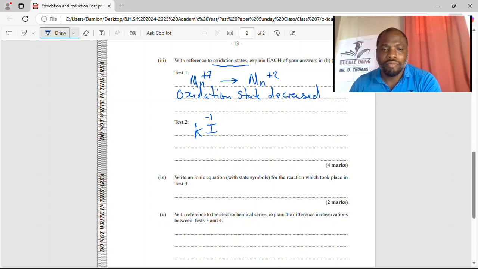And we know that the potassium iodide is moving from a negative 1 to 0. So what is happening to the oxidation state? It increased.